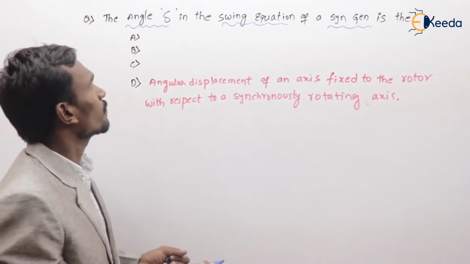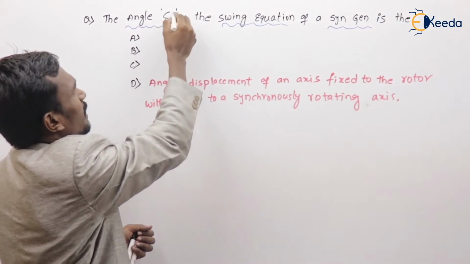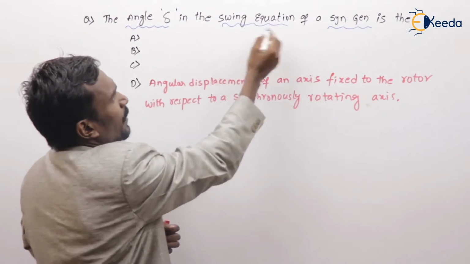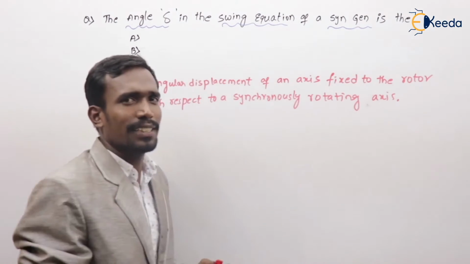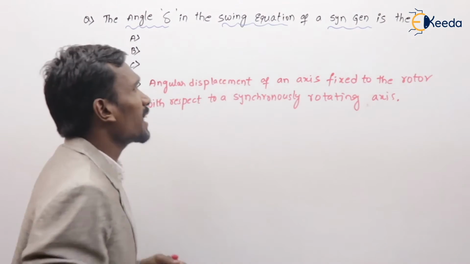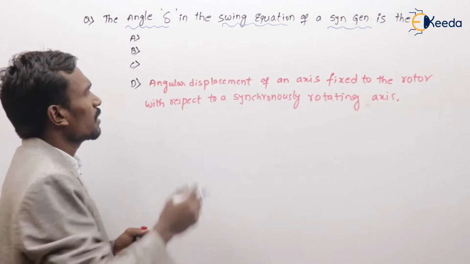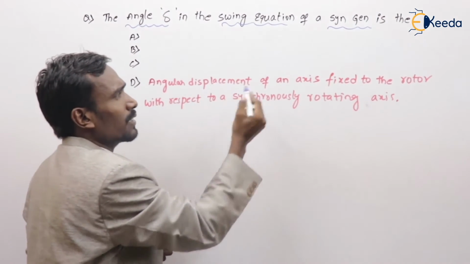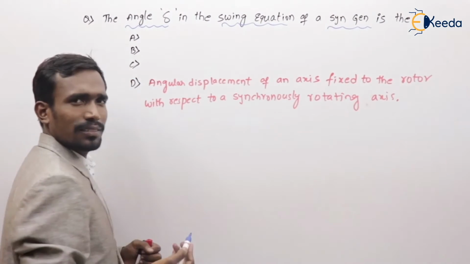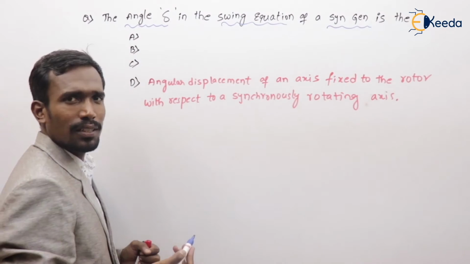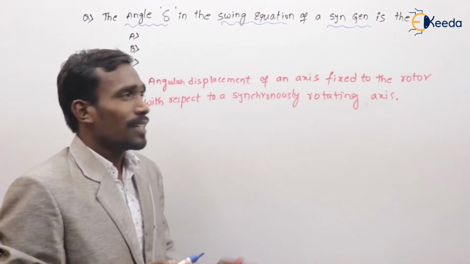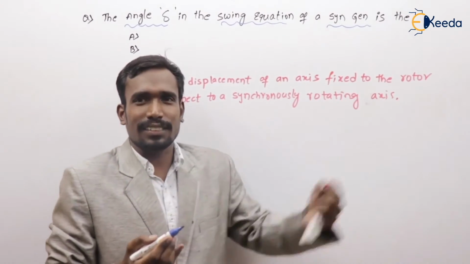Right, next question. The angle delta, nothing but the load angle or power angle, in the swing equation of a synchronous generator is the angle between... In that, we have one option: the angular displacement of an axis fixed to the rotor with respect to a synchronously rotating axis.